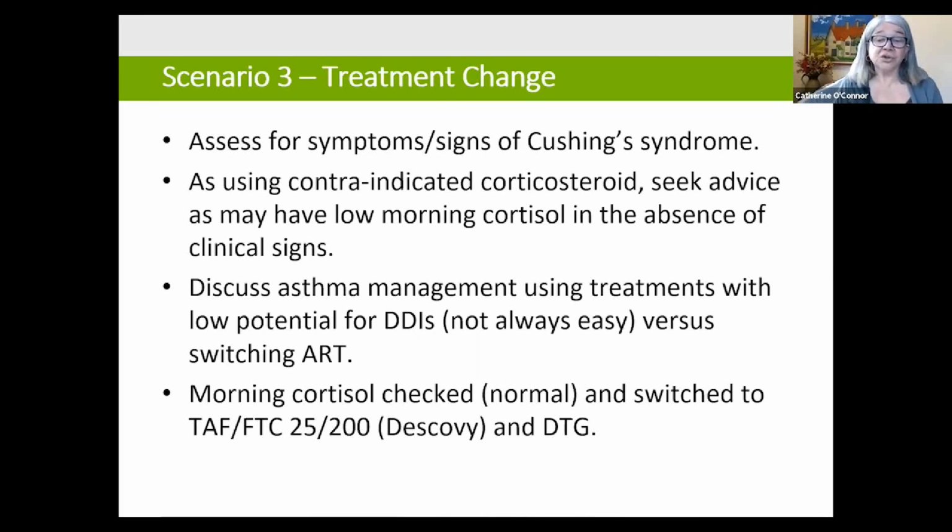Need to discuss her asthma management, using treatments that have a low potential for direct drug interactions, and think about whether it's better to do this or to switch her ART. I can report that her morning cortisol was normal, and we switched to Descovy plus dolutegravir, or TAF, FTC, dolutegravir.